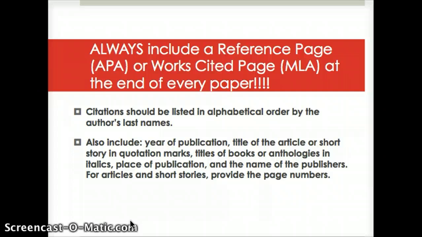You should list them all in alphabetical order by last name, and then include the information that is available to you based on your selection. So the year of publication, title of the article, title of the book if it's an anthology, place of publication, name of the publisher, and page numbers, volume number if it's a journal.